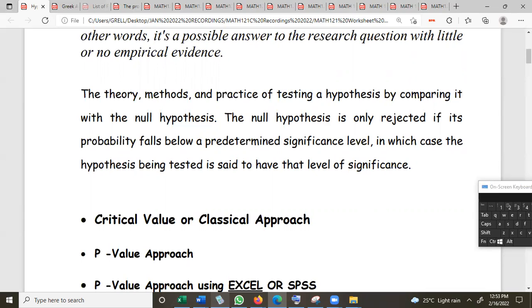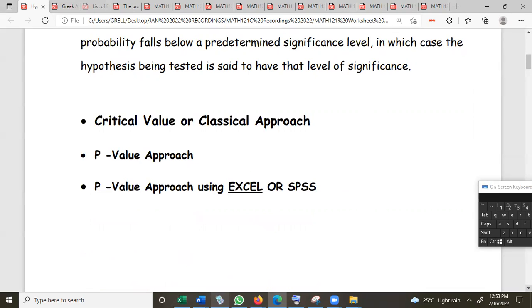Now, in this course, we'll be taking three approaches, or two main ones, and you have a third one. We can call it a third one. The critical value or classical approach. That's one approach for hypothesis testing. There's another approach called the p-value approach.